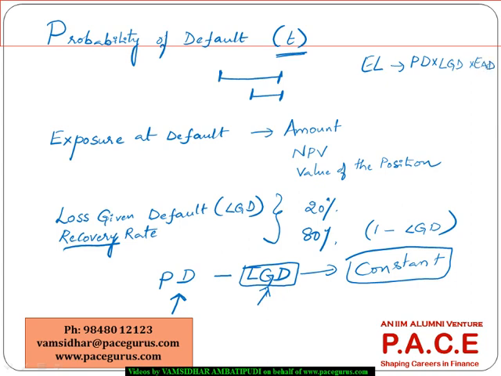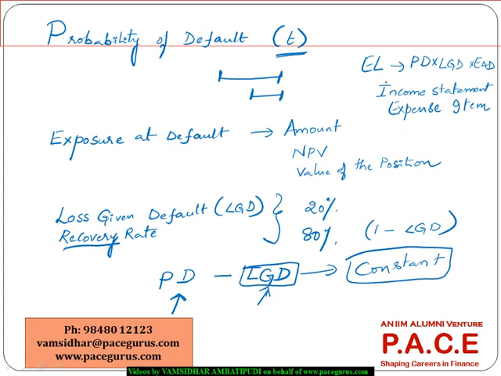This is the expected loss, and this expected loss should be mentioned in the income statement as an expense item. It's a provision. So it's an expense item that needs to be shown as a provision in the income statement.